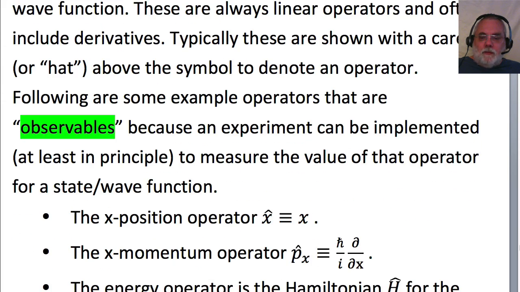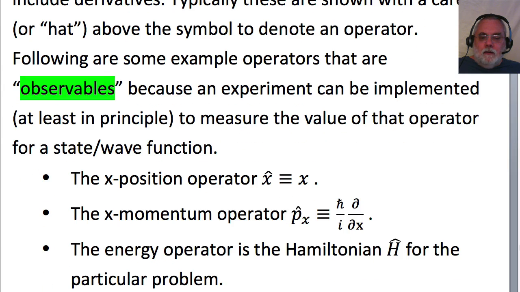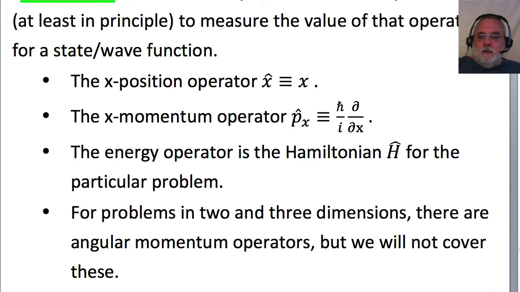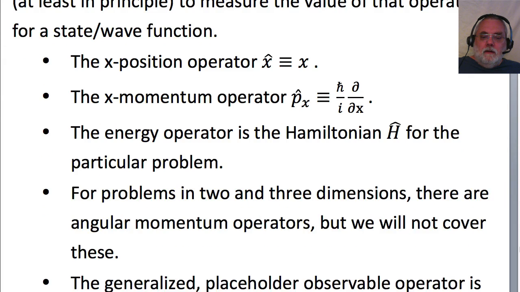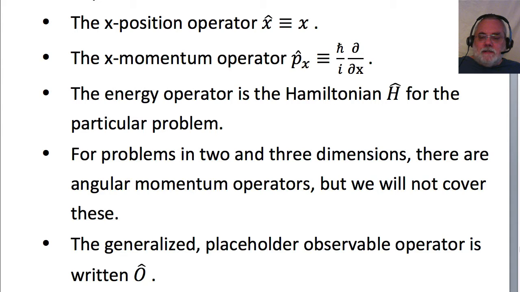But the x momentum operator, p sub x hat, is h bar over i times the partial derivative with respect to x of the wave function that we're going to operate on. The energy operator is the Hamiltonian, H hat, for the particular problem. For problems in 2 and 3 dimensions, there are angular momentum operators, and these are important, but we will not cover them. The generalized placeholder observable operator is usually called O, so O hat.